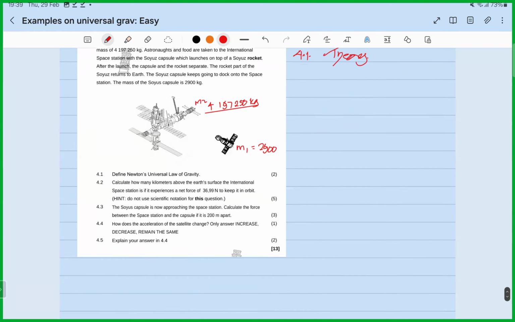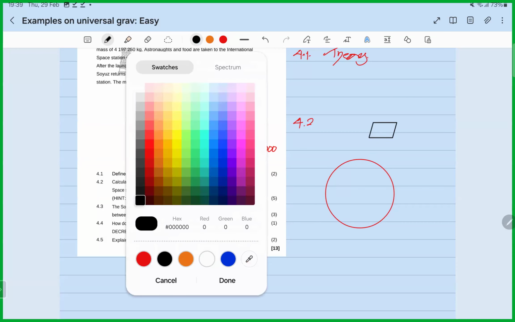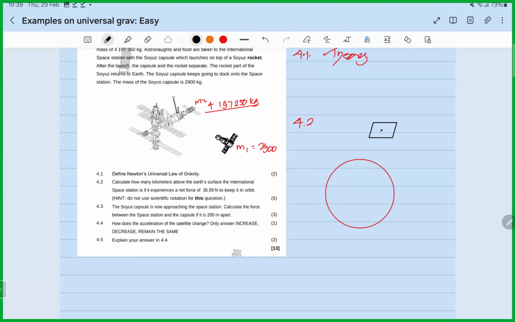Anybody knows why? So here's the Earth. Here is your International Space Station. We are going to find out the distance from the center of the Earth to your space station there. We're going to find out what that R is there.